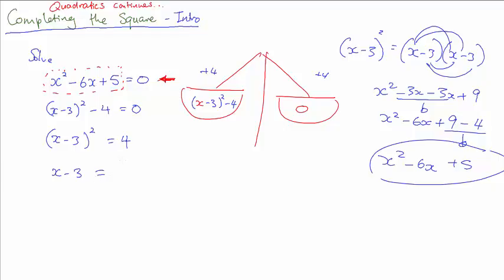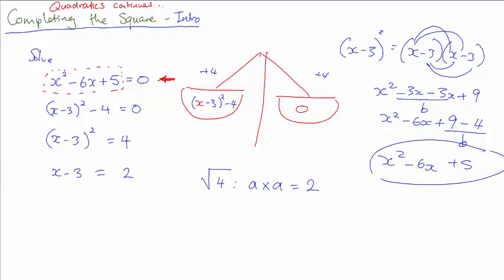Now, some of you might just think straight away, square root of 4 is 2. That's correct. But remember, minus 2 can also be the square root of 4. Because square root of 4 literally means a number which, if you multiply by itself, gives you 4.